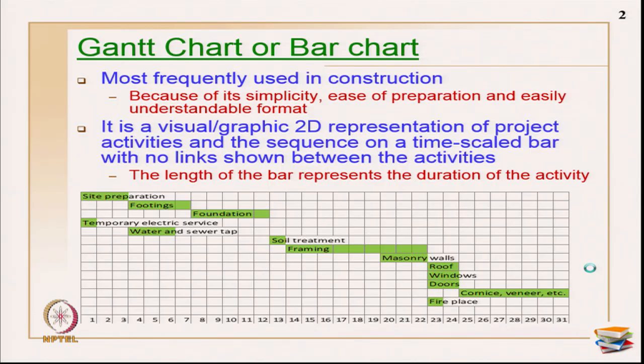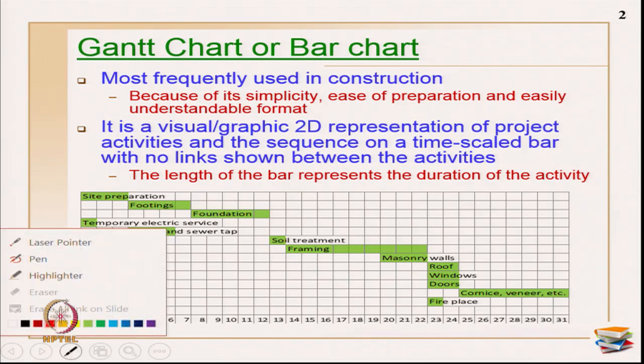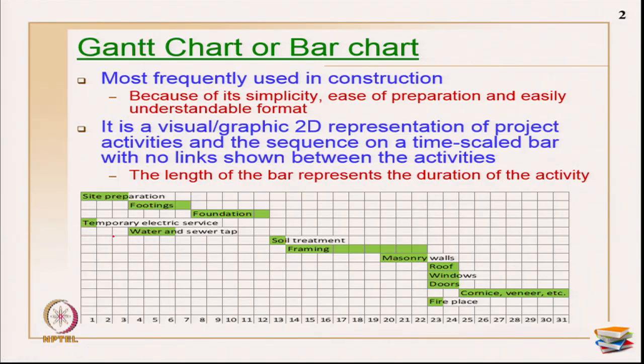Now, let us take this example. Here the x axis primarily shows the timeline, the duration in weeks, and the y axis shows the list of activities. For example, site preparation starts from 0 and takes 3 weeks to finish.